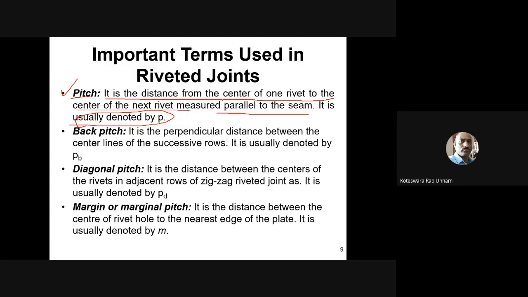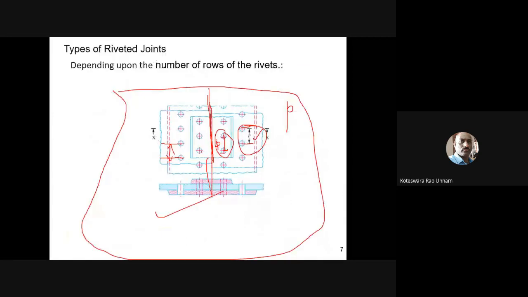It is the distance from the center of one rivet to the center of the immediately next rivet. So don't take the distance between this rivet and this rivet and say this is p. This is going to be 2p, because in between you have one more rivet. Up to this point this is p and this is also p, so you'll get 2p.